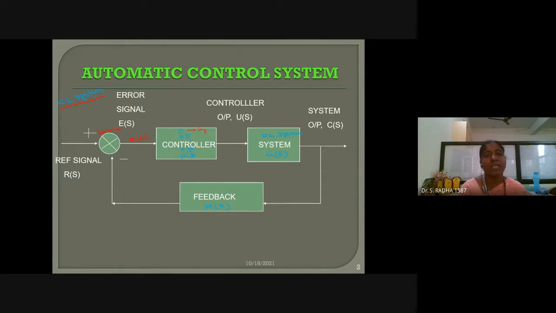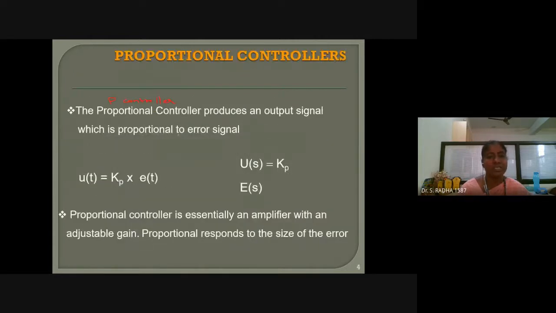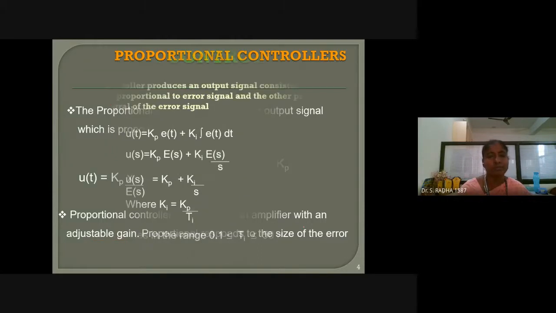E of t into Kp is nothing but the output. U of t is nothing but Kp into E of t. This is about the proportional controller. It is used for adjusting the gain. It can amplify, increase or decrease the gain, and it responds proportionally to the size of the error.